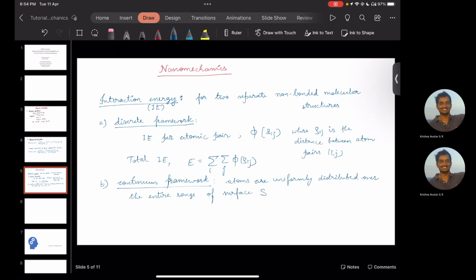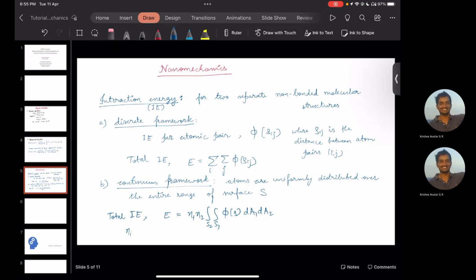Then the limit of the double summation tends to be converted into an integral. So the total energy of a system is given as E equal to eta 1 eta 2 integral over the surfaces S2 S1 of phi of rho dA1 and dA2.